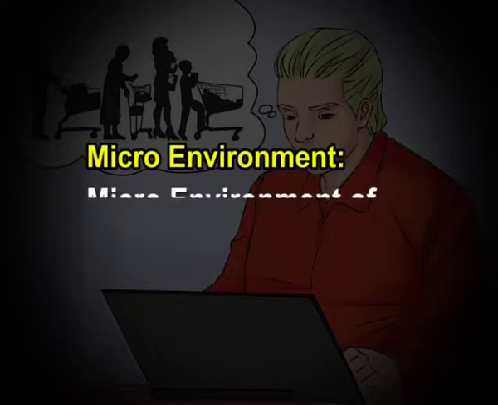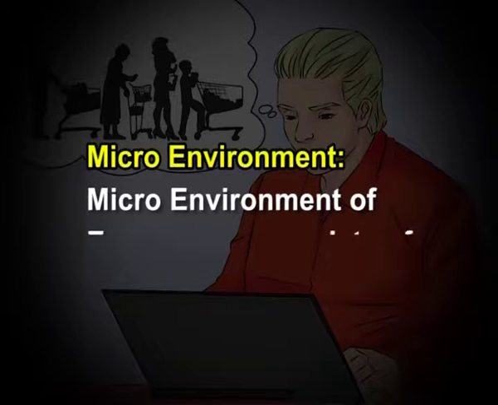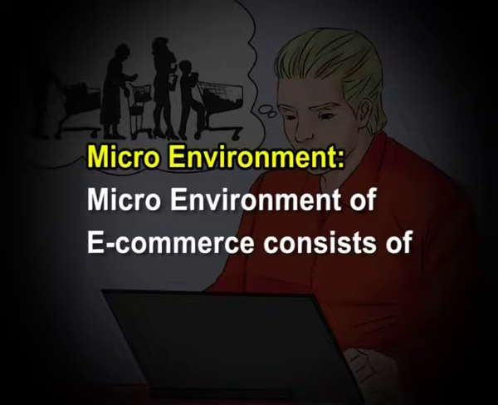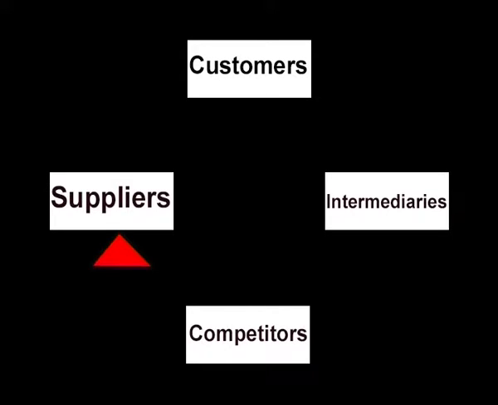So, let us get into each of the component in detail. Let us take up the micro environment. The micro environment of e-commerce consists of 4 components: suppliers, competitors, intermediaries and the customers.